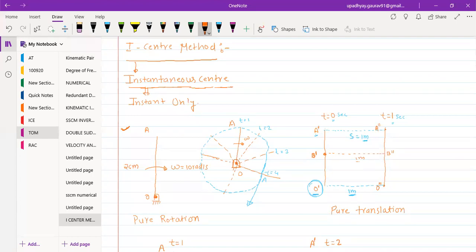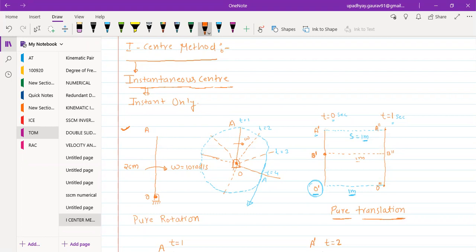That means any point on link O dash A dash has moved through 1 meter only, because it is moving in pure translation only. So all the points on this link have moved through 1 meter only.